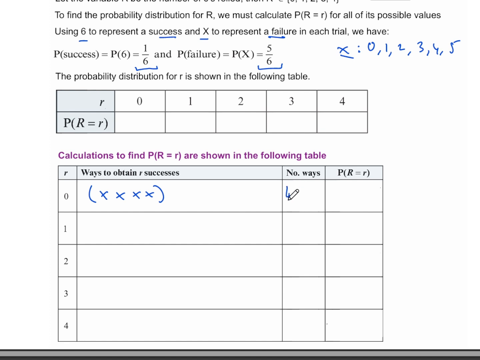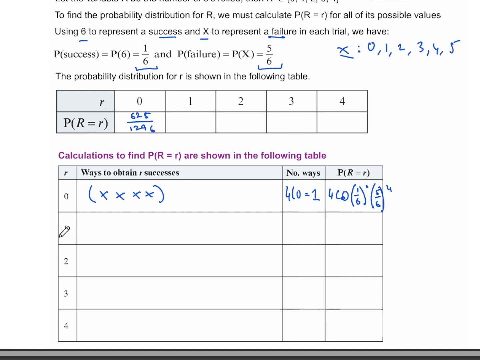Therefore, what you have is 4C0, which is just 1. Then you get the probability, which is 4C0, the number of ways that you can get 0 successes, multiplied by the probabilities. So you have 0 successes and you have 4 failures. And what this gives us is 625/1296.